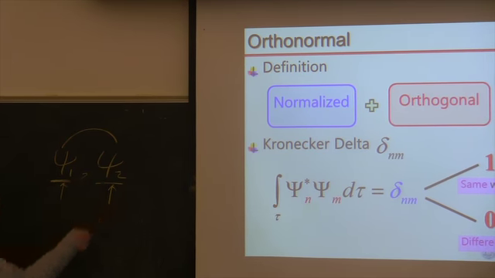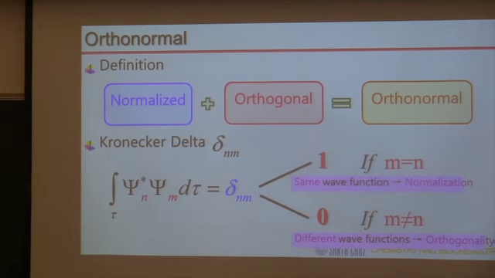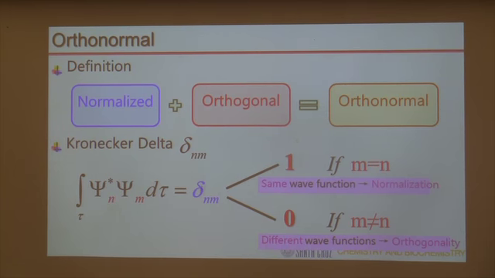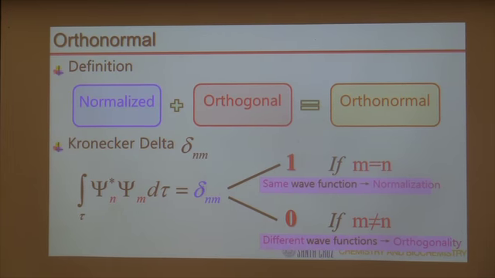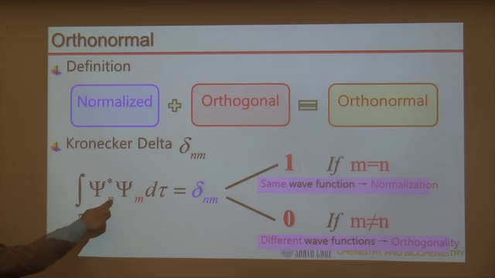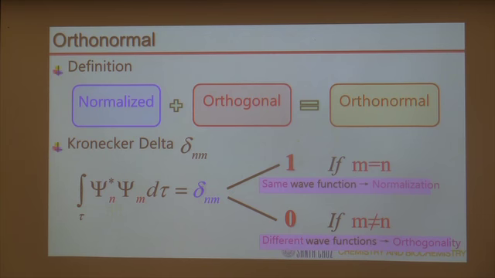You plug the same wave function into the same expression. That's two, to prove normalization. And then for orthogonality, you use the two different wave functions. It doesn't matter whether it's one here and two there, or two here and one there, they're the same, so you only do one. So 2 plus 1, you do three evaluations. Just keep that in mind.